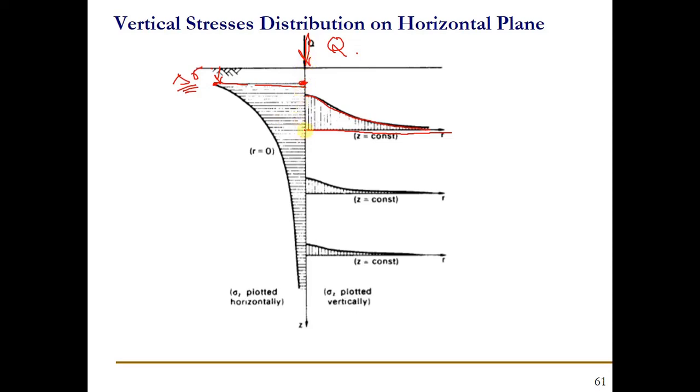As we go deeper beneath the point load, the stress increase delta sigma decreases, which means that when R is constant or equal to 0, delta sigma will decrease as we go down beneath the load.